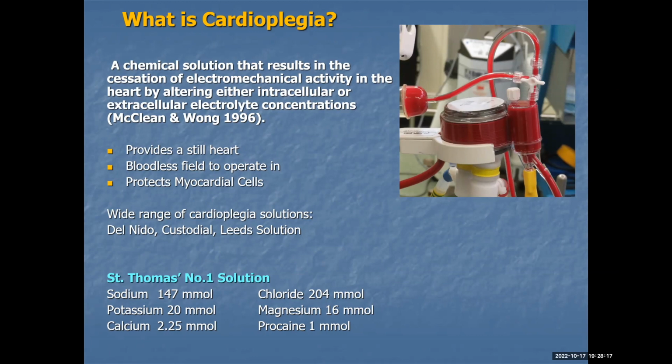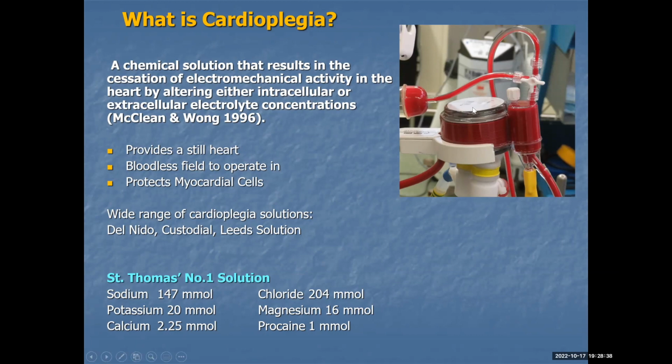And then it's given very cold, at 7 degrees. That hypothermia on the heart will again reduce the metabolic demand of those heart cells. So it's about maintaining the balance of the metabolic demand of the heart and the oxygen supply.